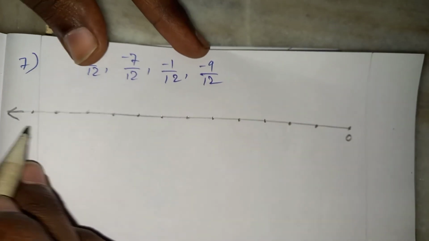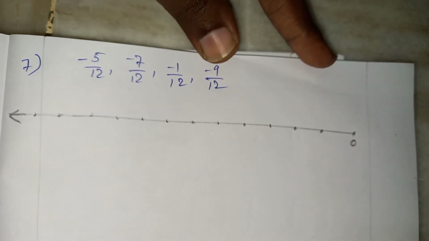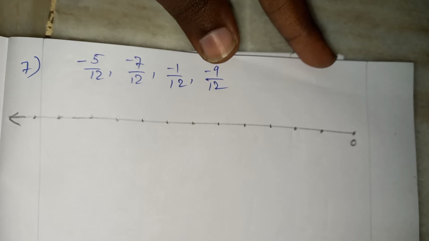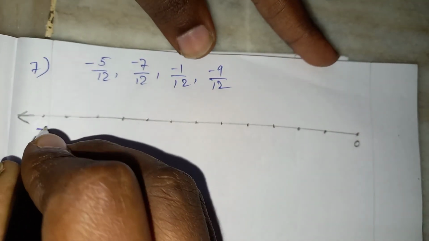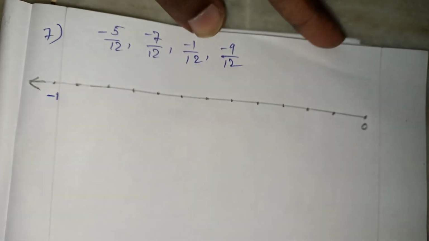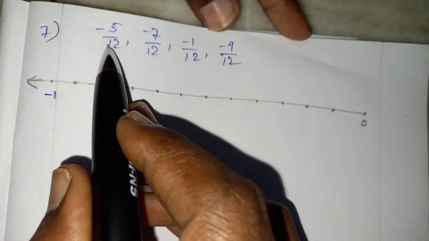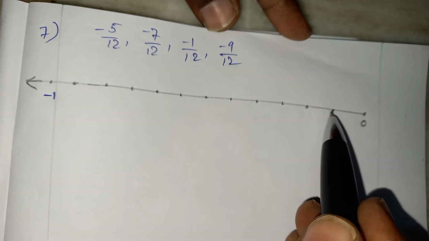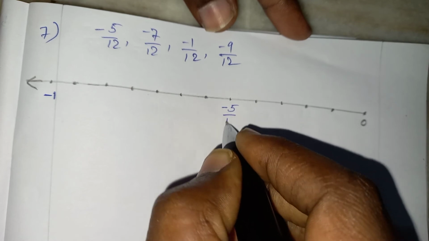Zero to this side, so you have to keep the arrow mark here. Now 12 equal parts means this will become -1. Fifth part means 1, 2, 3, 4, 5. Here you have to mark 5 by 12.